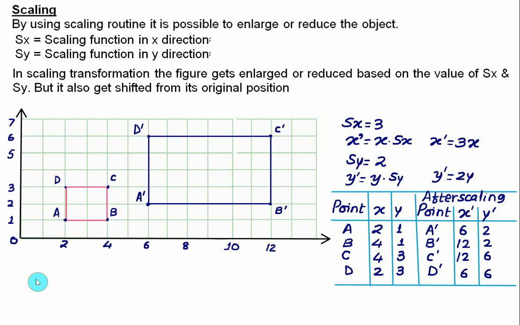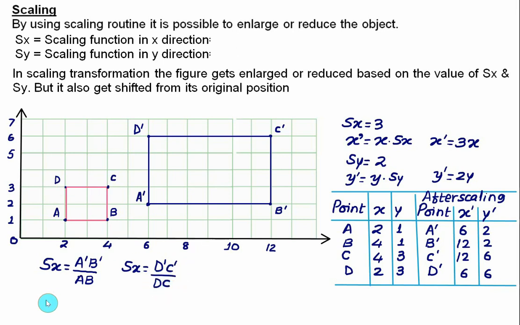So from this figure, we'll define the scaling function in the x direction. We have Sx equal to the new dimension A prime B prime divided by the original dimension along the x-axis, AB, or Sx is equal to the new dimension D prime C prime divided by the original dimension DC.